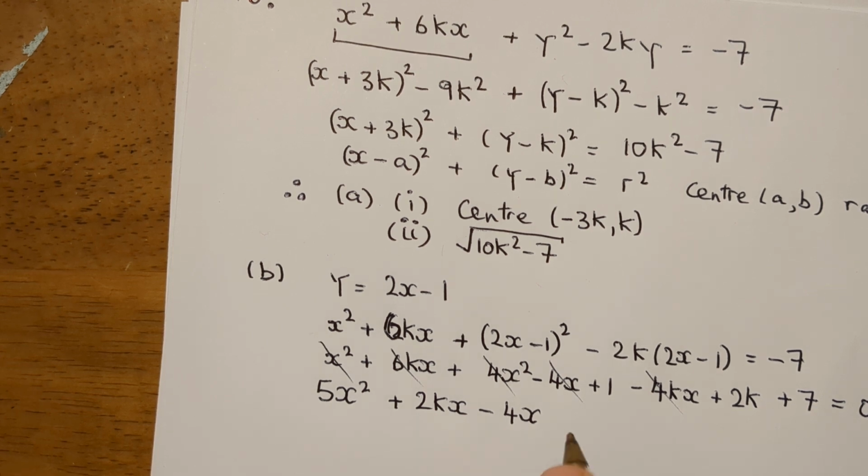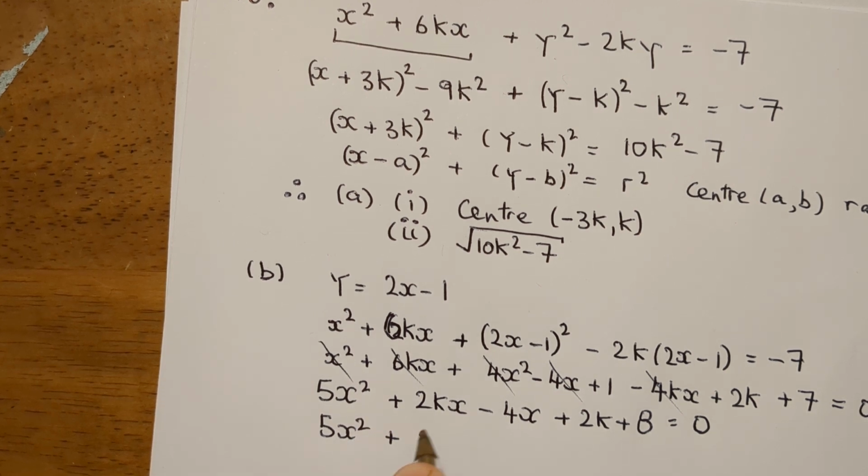Plus 2k plus 8 equals 0. Right, so finally 5x squared plus (2k minus 4) times x plus 2k plus 8 equals 0.